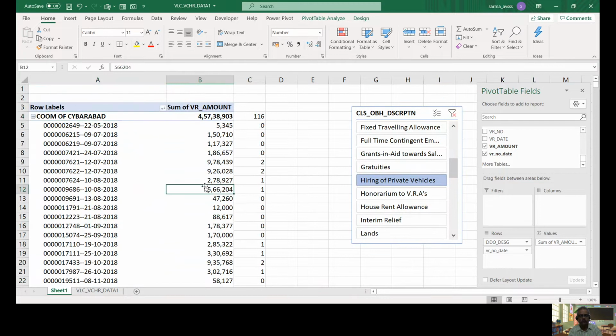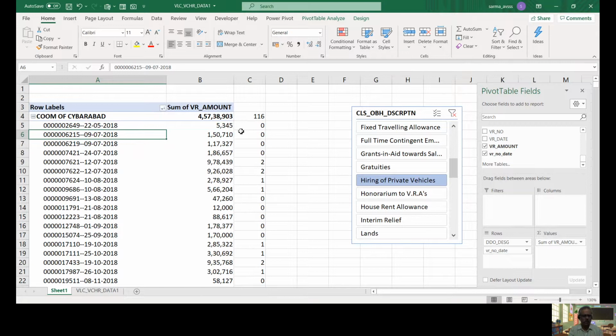And again, see, on the same day they drew this expenditure on two vouchers, 9,78,000 and 9,26,000, right? Again on 9th July, they drew this in two vouchers. When they are drawing on one day, maybe they can use a single voucher.